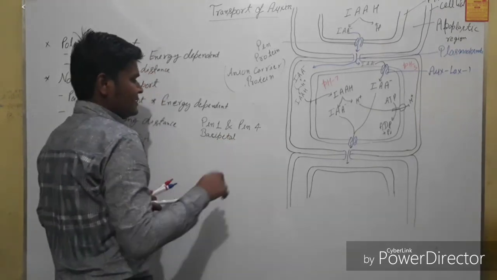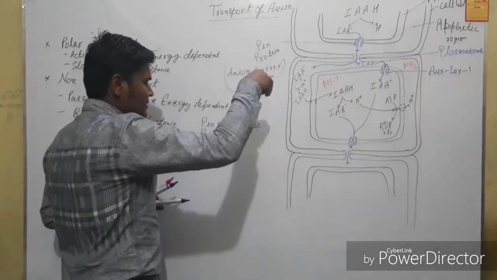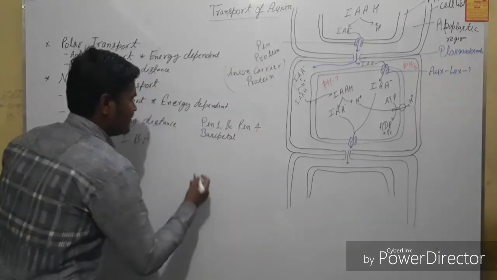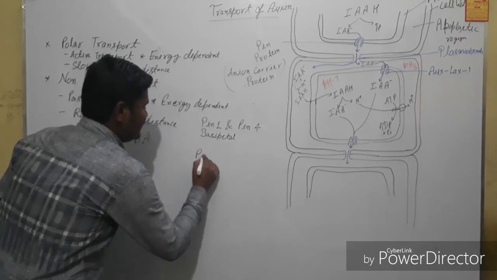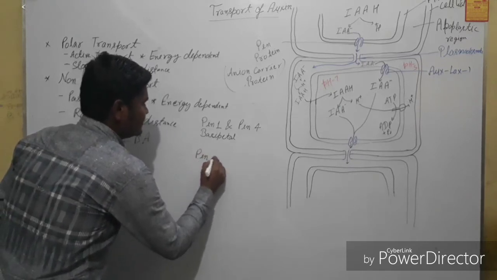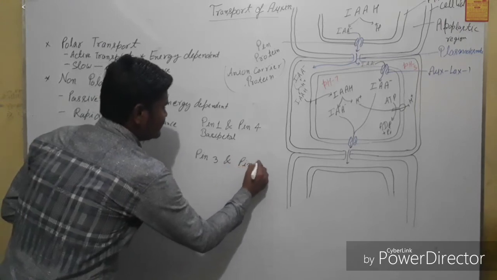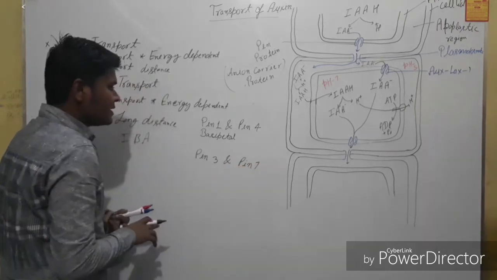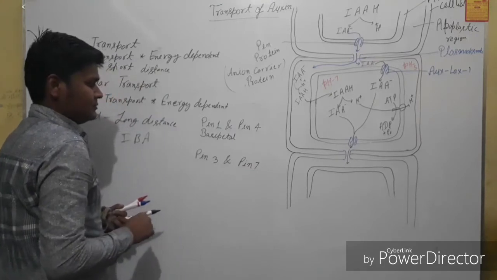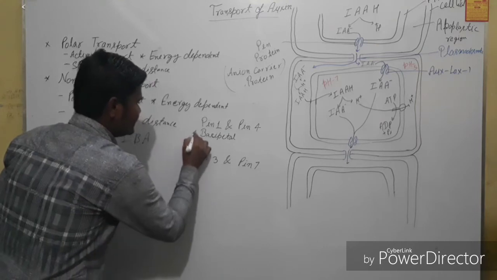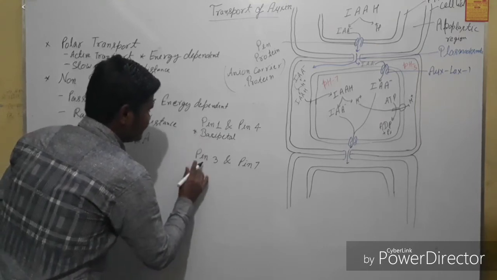Basipetal transport means the auxin transport to the base region. And PIN3 and PIN7 also help to transport laterally.